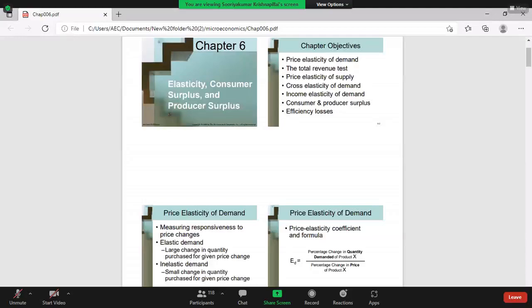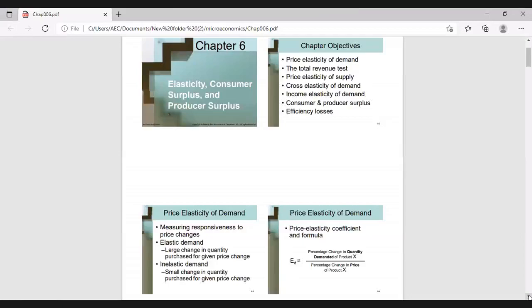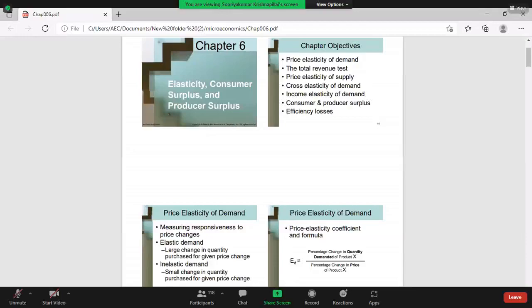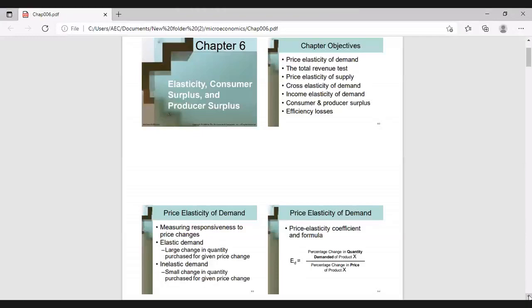So if the elasticity of demand from this formula is greater than 1, we say the demand is elastic. If the coefficient is less than 1, demand is inelastic. If it is equal to 1, we say that demand is unitary elastic. If it is greater than 1, the consumer response is relatively large to a price change.